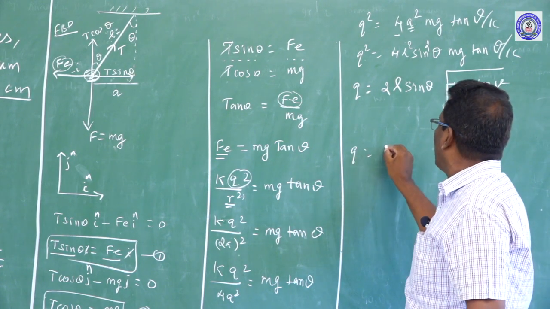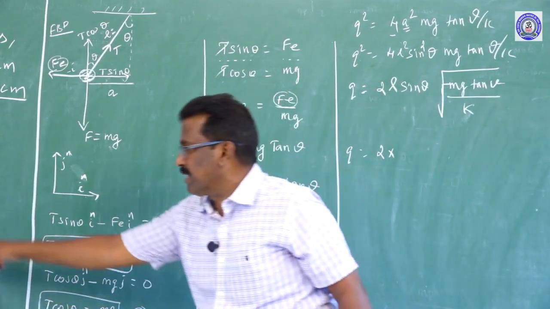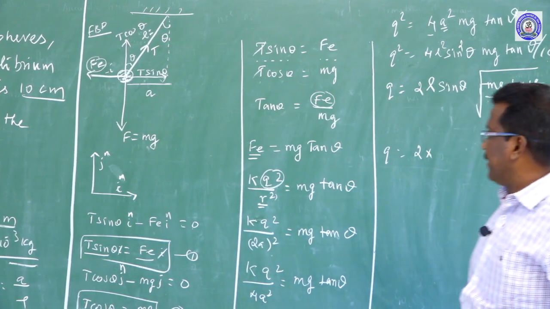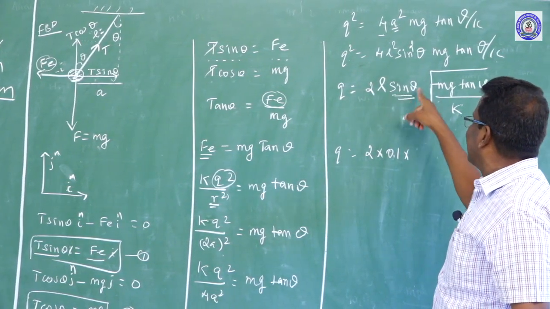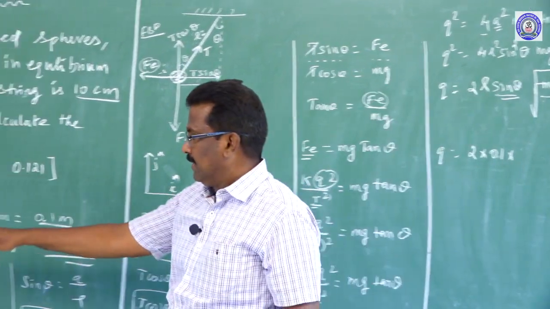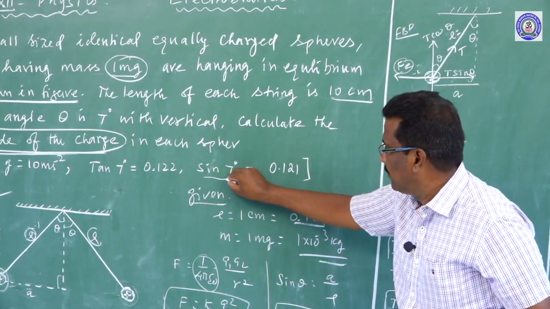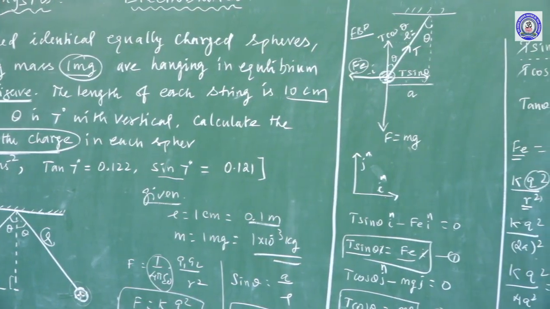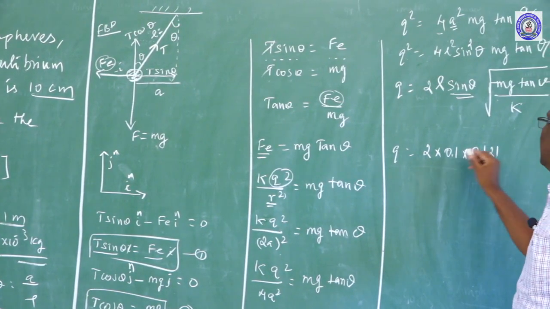Q is equal to 2. What is the value of L? Length of the string is 1 centimeter, that is 0.1 meter. So 0.1. Sin theta, theta is given as 7 degree, sin 7 is 0.121.